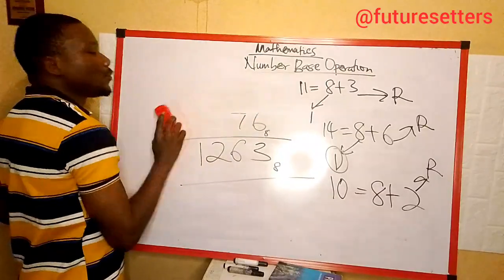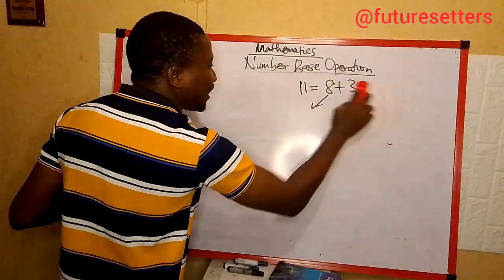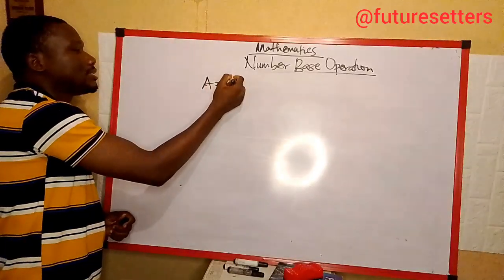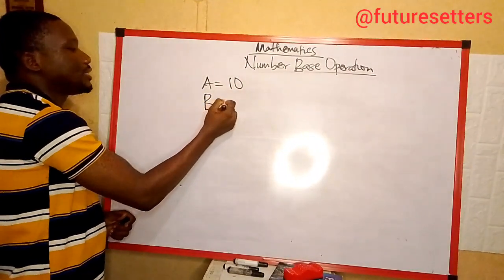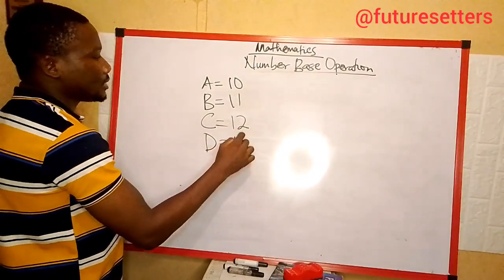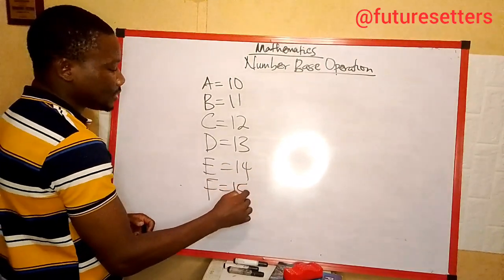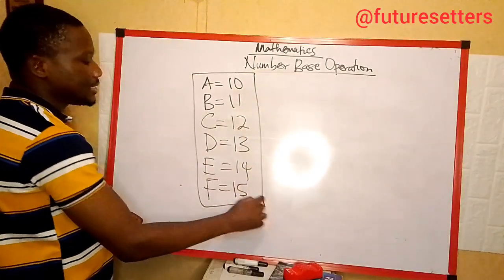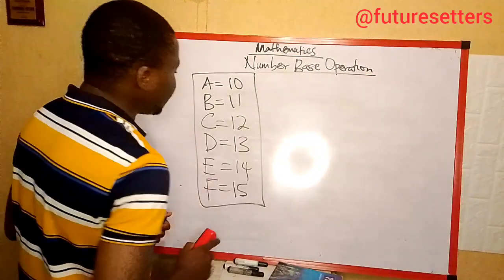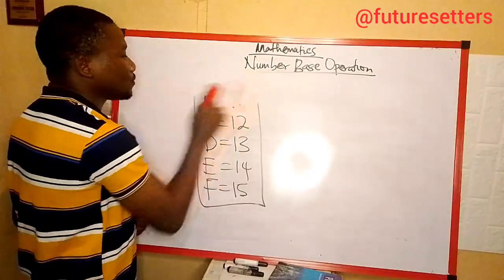You remember when we started number bases and we said we are going to be entering hexadecimal addition and all that, I told you that A represents 10, B represents 11, C represents 12, D represents 13, E represents 14, and F represents 15. Take note of this point.